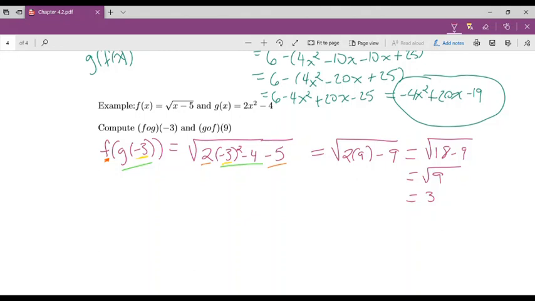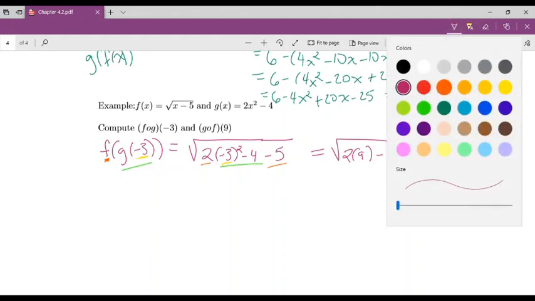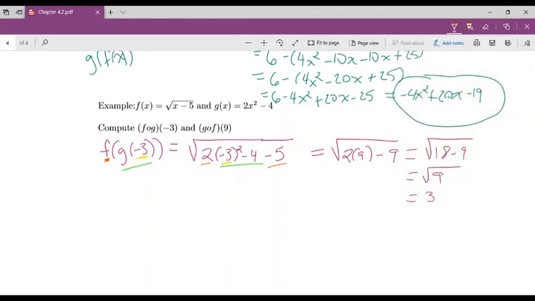Now, if I want to look at g of f of 9, then if you want to look at doing it in the second method, so if I change my colors maybe to orange, I'm looking at g of f of 9.